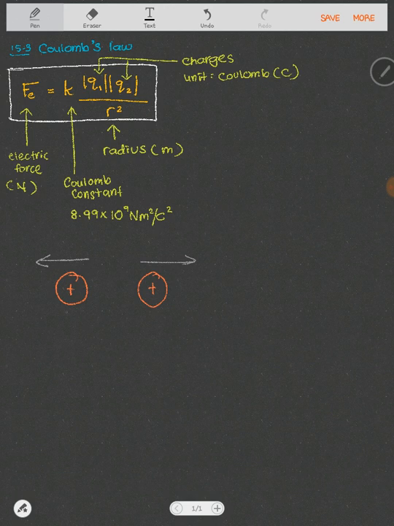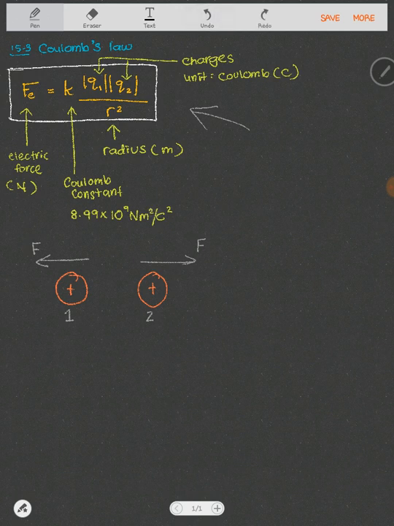Let's say this is charge 1 and this is charge 2. So dia ada force yang tertentu yang membuatkan dia tertolak. Apa yang membuatkan dia tertolak? Dia ada daya dia. Okay, so daya dia, kiraan dia macam ni. Masukkan semua dia punya information dalam ni and then kita calculate, dapatlah Fe dia.